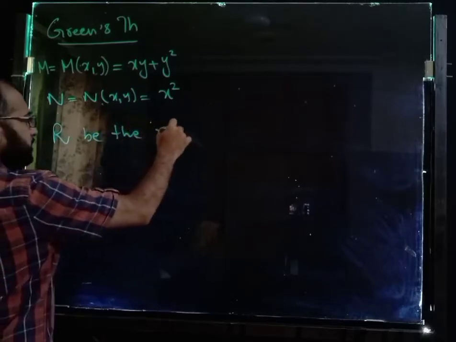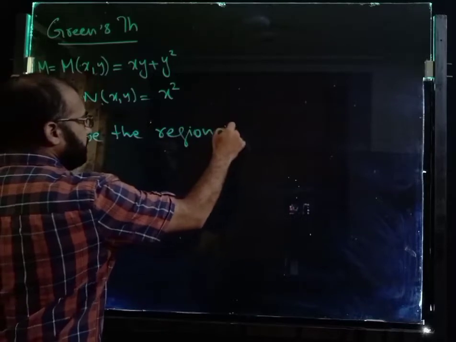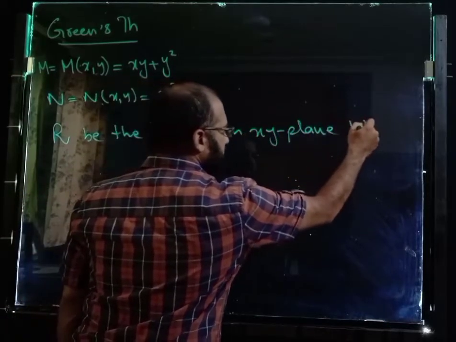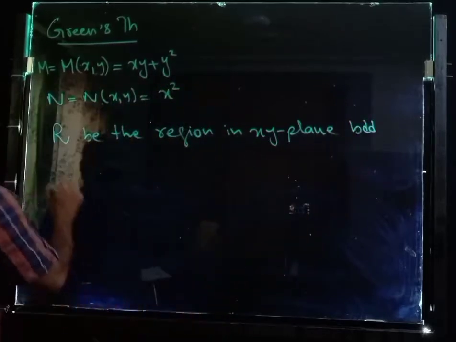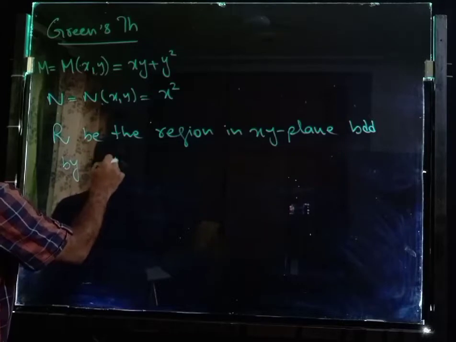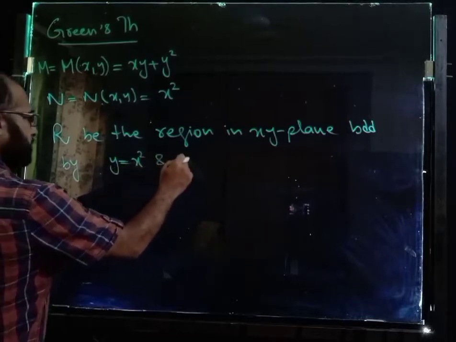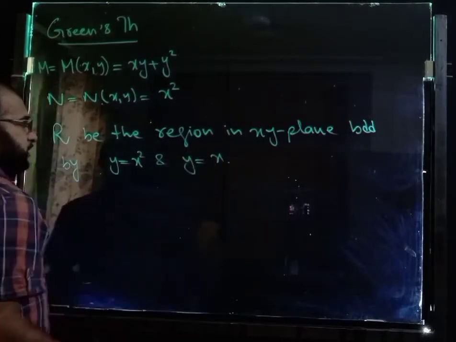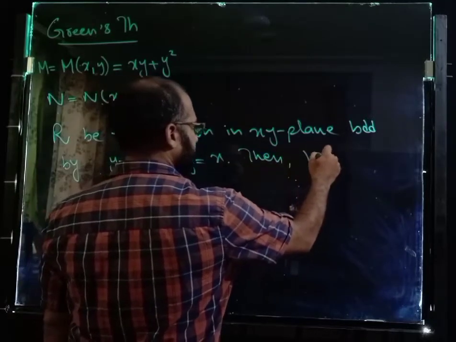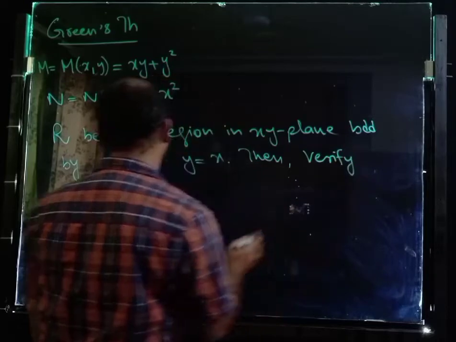R is the region in the xy plane bounded by y equal to x square and y equal to x. Then he says verify Green's theorem.